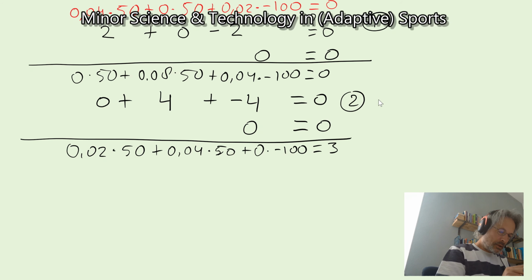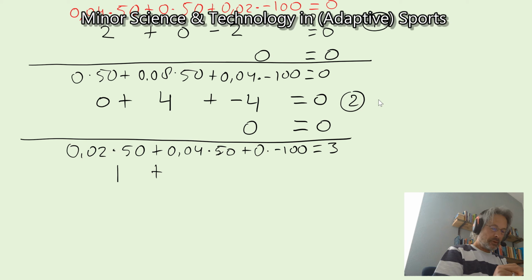Okay. The first term is equal to 1. The second term is equal to 2, I think. Yes, 100 times 0.04 is 4, but we don't do 100 but 50.